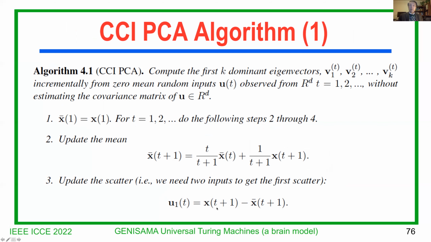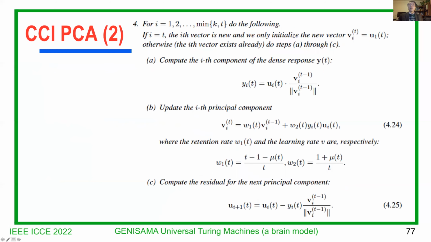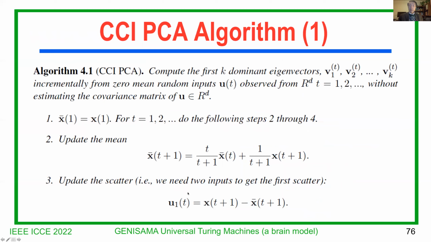Then we compute the scatter vector from the incremental mean, and this is the scatter from the mean. You do everything incrementally. Then you compute the pre-response, normalize the weight vector, and multiply by U. U is the scatter vector here.